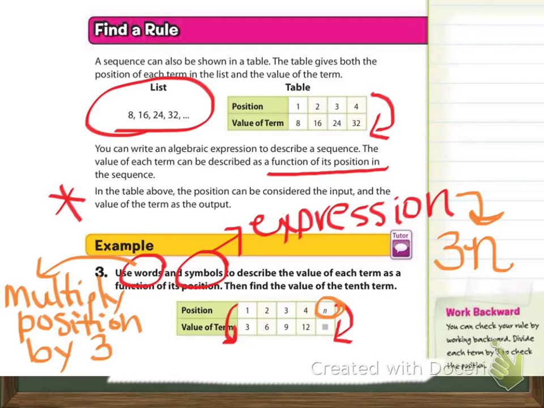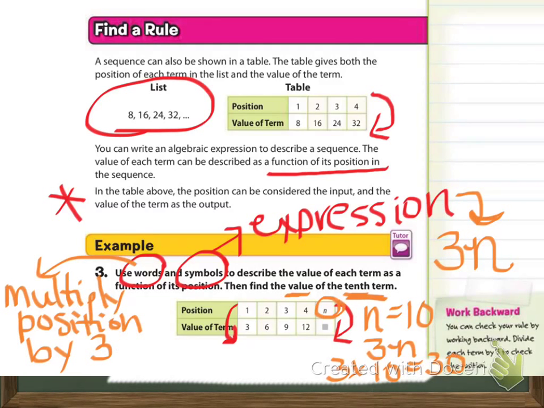Now, solving, I need to find the value of the 10th term. So that means when n equals 10. Now, the rule I'm applying is 3 times n, which would be 3 times 10, which would be 30.